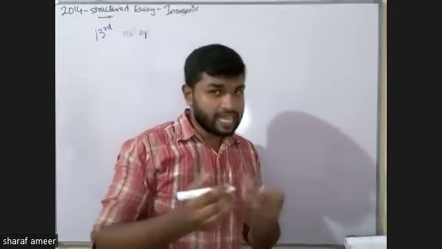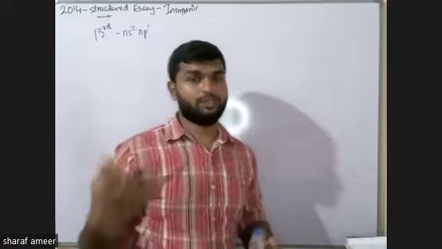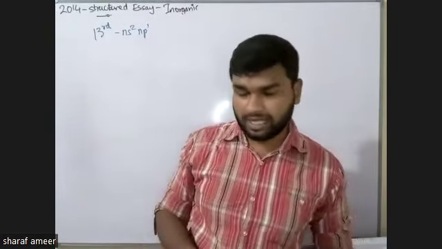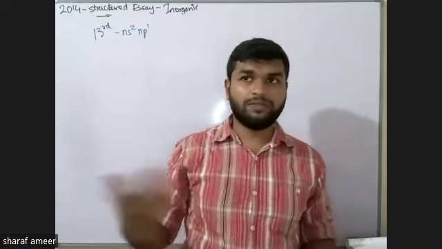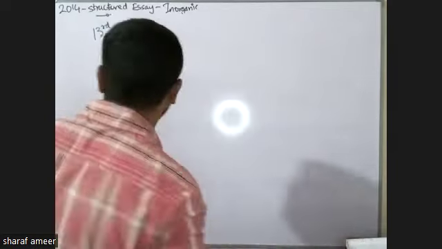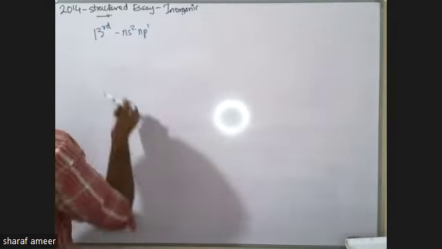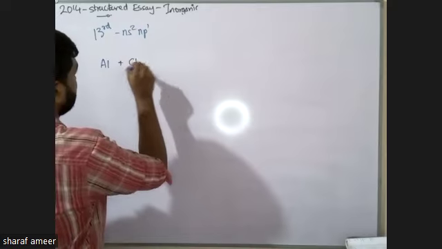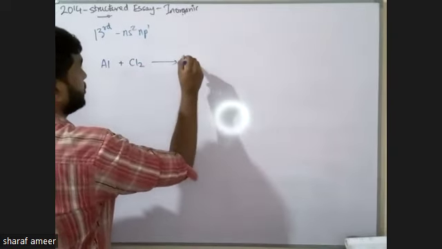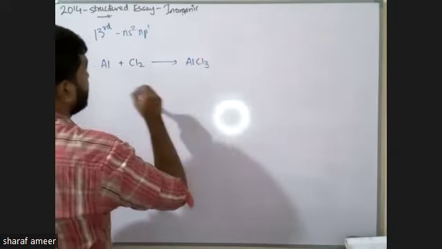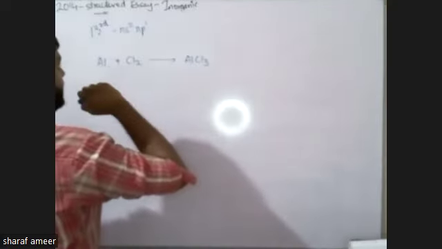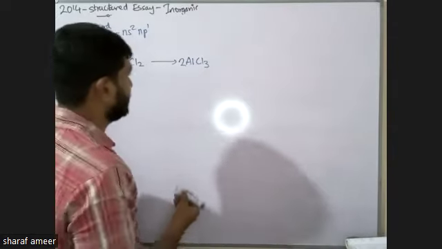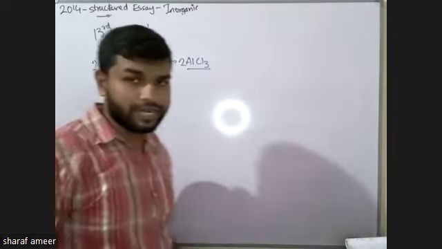So they have 3 valence electrons to form bonds with other elements. For example, if you take chlorine, the reaction of aluminium with chlorine forms aluminium chloride, AlCl3, with the charges balanced. So we have aluminium chloride here.